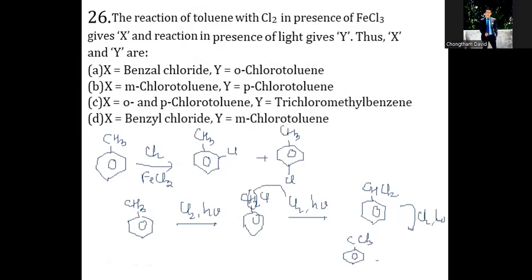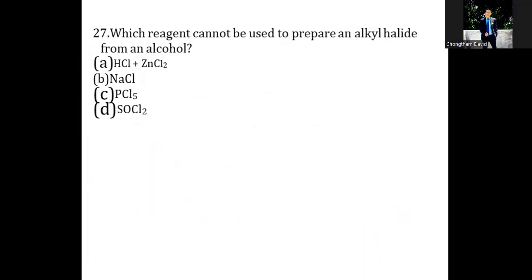So the answer for this question will be C. X is ortho and para chlorotoluene. The question is asking for the product. Y will be trichlorotoluene. Option number C.